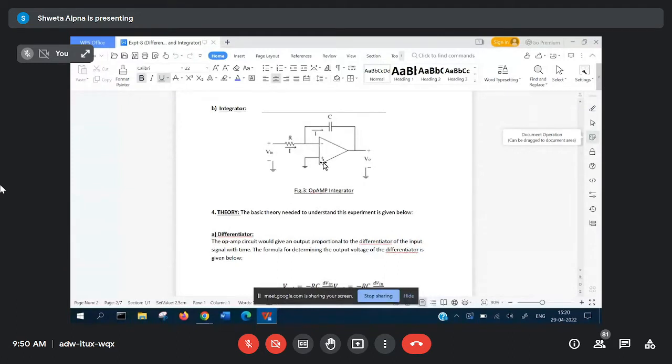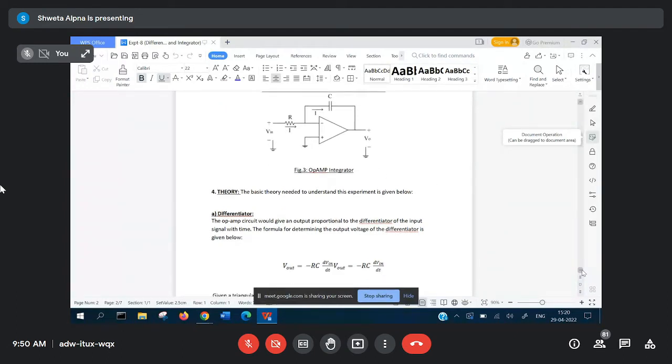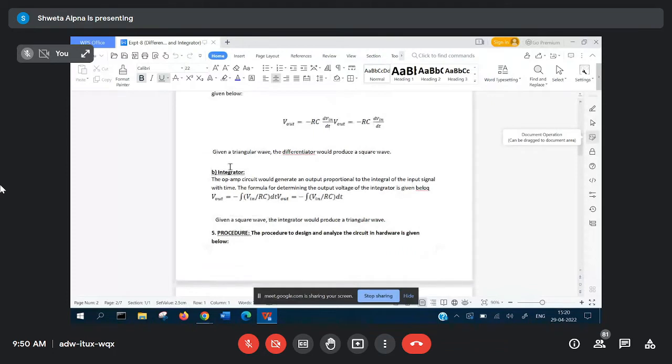Similarly, when you apply Kirchhoff's current law and voltage law to the integrator circuit, when you do all this current analysis inside the circuit, you will find that again you can observe the input is being applied to the inverting input. Non-inverting input is grounded. So since the input is applied to the inverting input, the output will be the inversion of input. So here also in case of integrator you can see you have a minus here. V out is minus of integration V in by RC into dt.